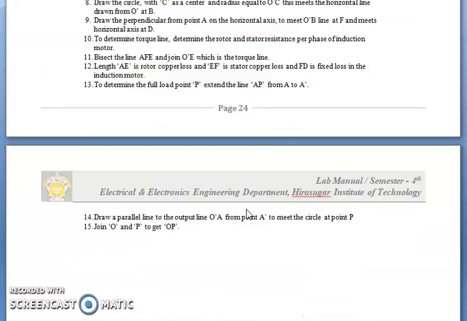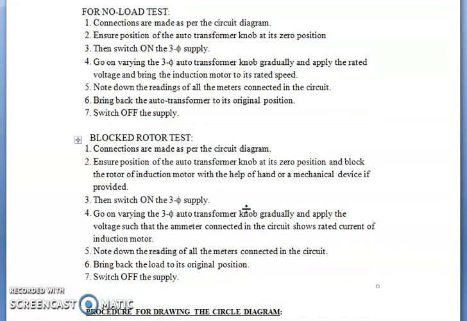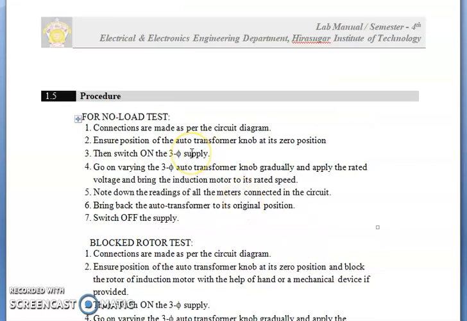Okay, then let us discuss the conduction procedure. This experiment has two parts. One is the test under no load condition, another is under block rotor condition. What are the steps to be followed during the no load test? We have to make connections as per the circuit diagram, and once the connection is made, we have to ensure that the position of the auto transformer is at zero at the starting.